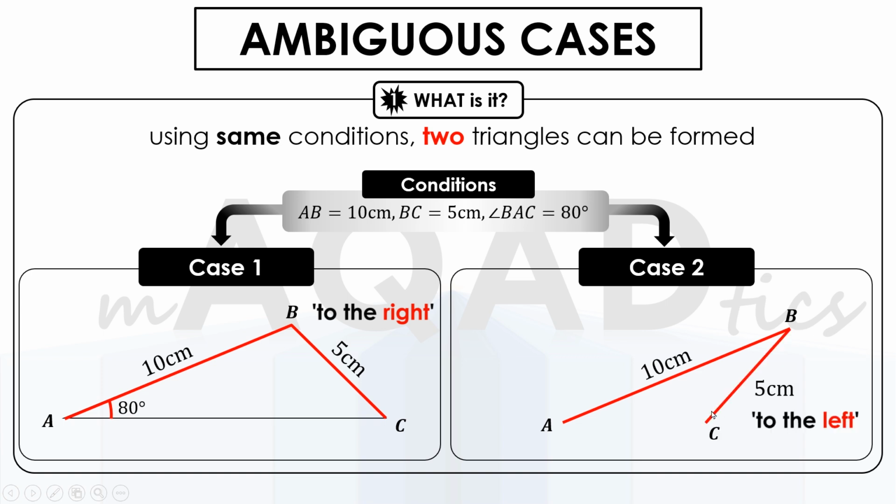But still, I can also maintain the same angle, which is angle A is 80 degrees. So you can see here we have two different kinds of triangles, but they follow the same conditions. So this is an example of ambiguous cases.